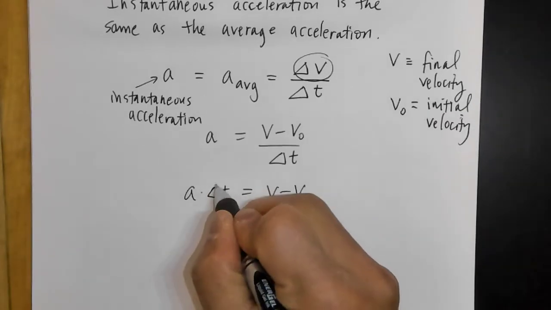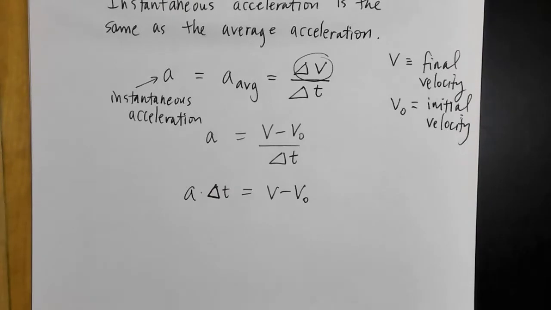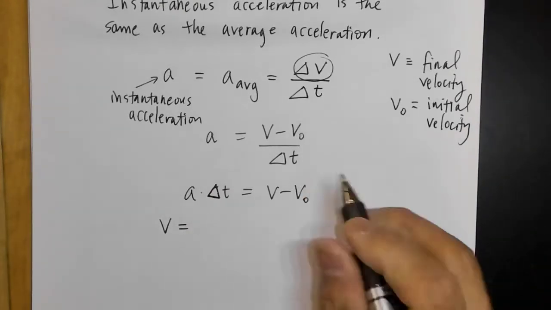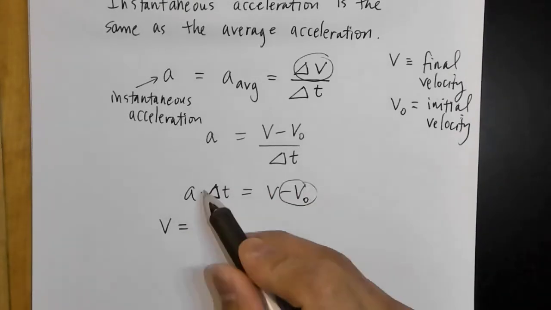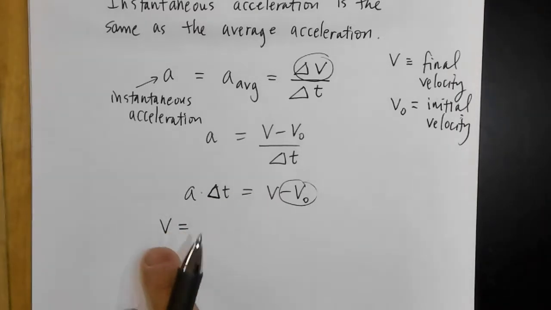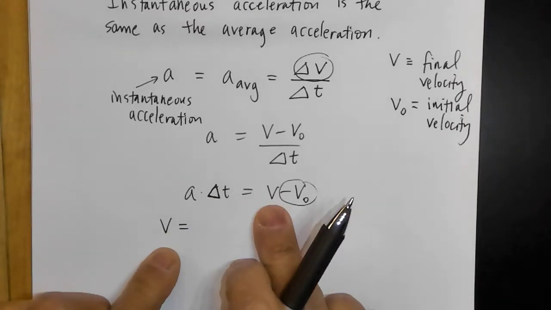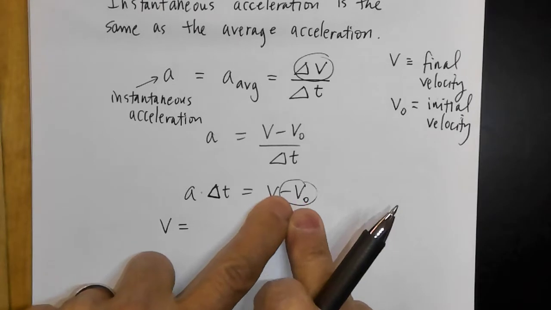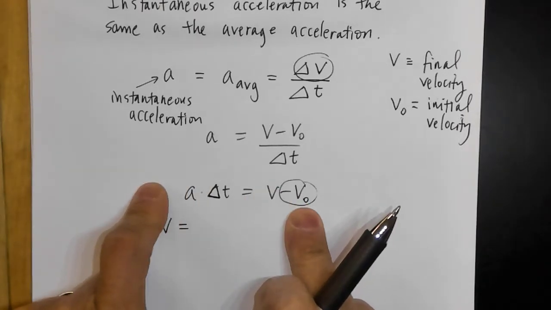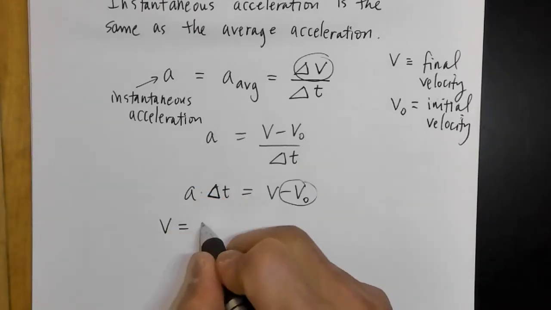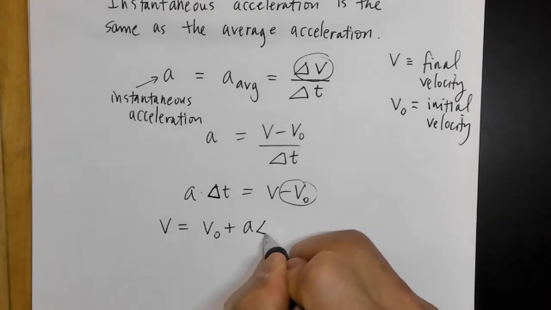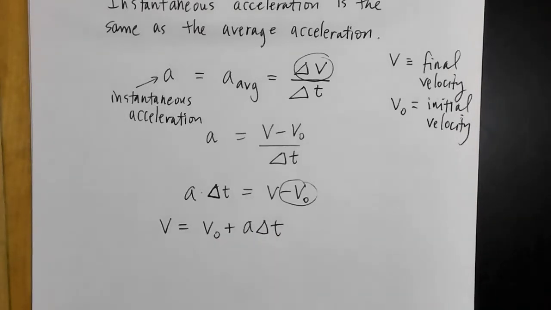Now I'm going to write down a formula for v in terms of v0. So I'm going to bring this to the other side. Let's make the v stay on the left side. I'm going to bring v0 to the other side, so it'll be v0 plus a delta t, but I'm going to write it on the left side like this. Hopefully nobody's confused by that.